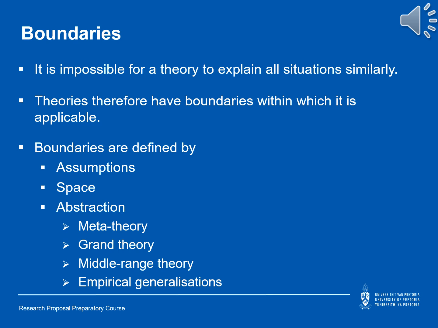The level of abstraction of a theory refers to the extent to which a theory is driven by ideas rather than facts. There are specified levels of abstraction. Meta-theory is the most abstract and relates mostly to knowledge or thought products. Grand theory is the broadest form of theory to give overall explanations for phenomena and cannot be tested since one cannot test for all populations and all situations at the same time.